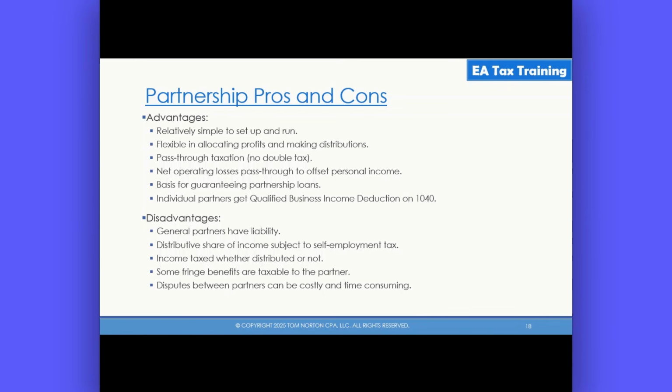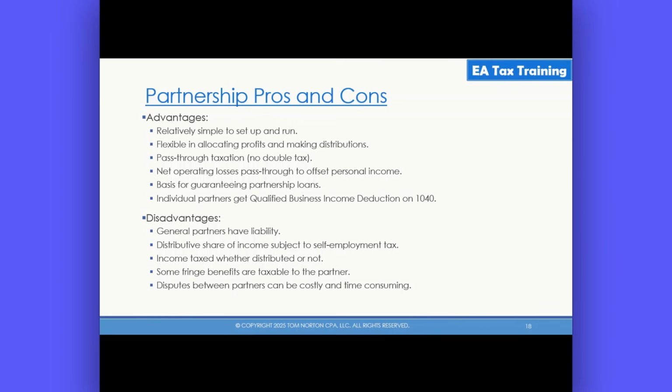That is one of the common decision points that businesses have. And when you are comparing those two, being a partnership gives you more flexibility when it comes to allocating profits amongst the partners and making distributions to the partners. So we'll get more into that in the videos where we talk about the specific type of entities.